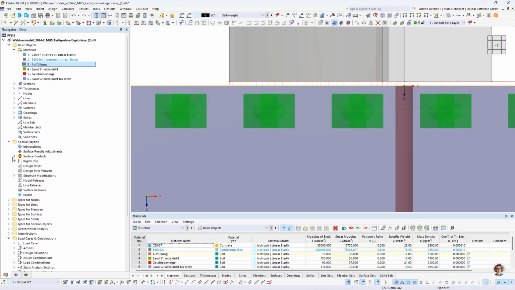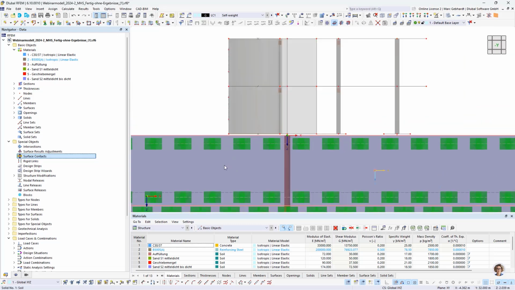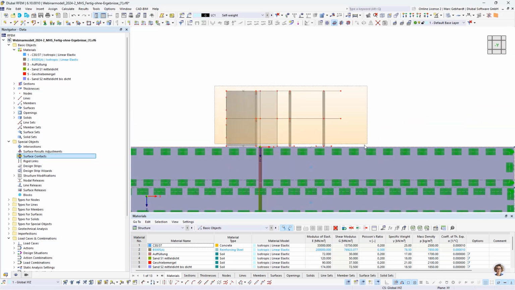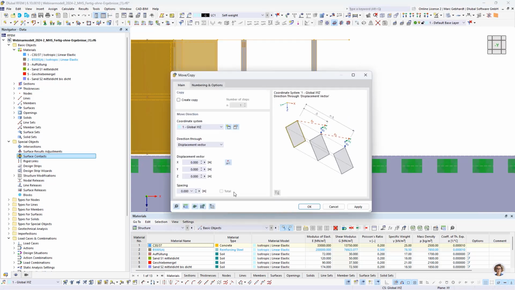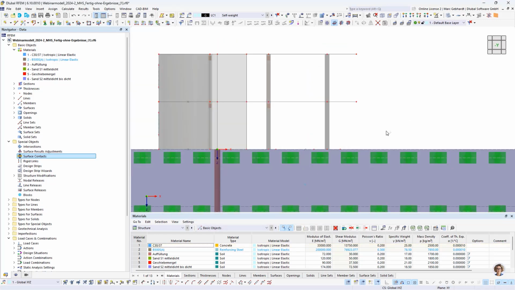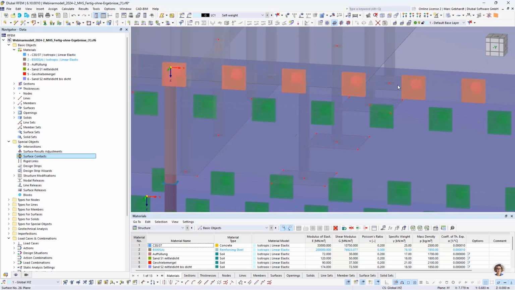So we go to special objects and delete all surface contacts. Afterwards, we move our building 10 centimeters in Z direction. Now the base surfaces are touching the soil massive.